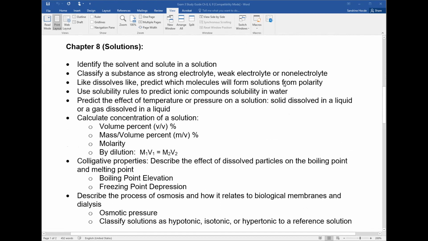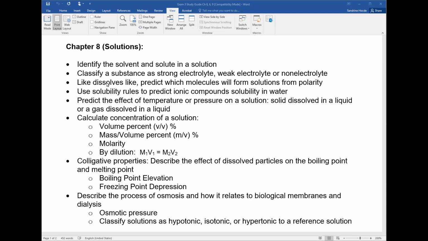So the learning objectives for chapter 8. So let's start with chapter 8. That's the first one here. These are the objectives about what you need to know from chapter 8. Identify the solvent and solute in a solution. A solution is made of a solvent and a solute, and the solute is the component in the smaller amount, and the solvent is the component in the larger amount.